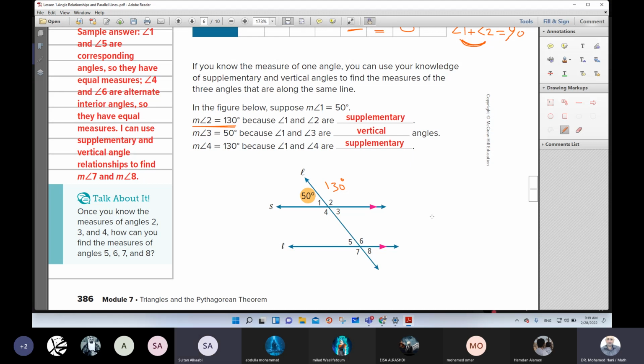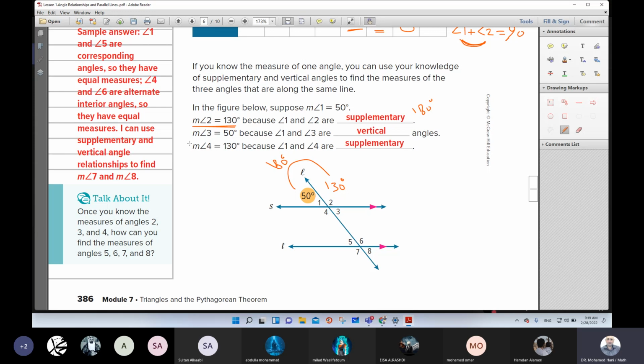Because if we add 50 plus 130, it would be 180. Excellent. Because 1 and 2 are supplementary. What's the meaning of supplementary? The measure of them will be 180.